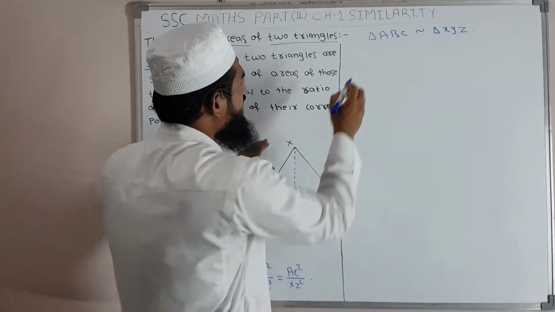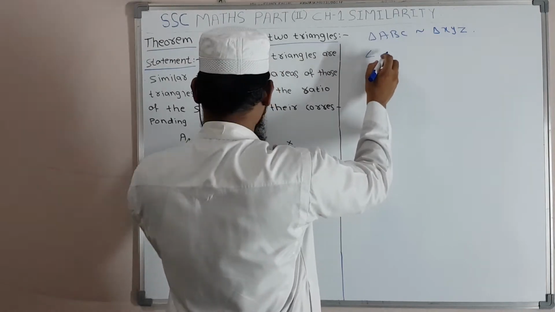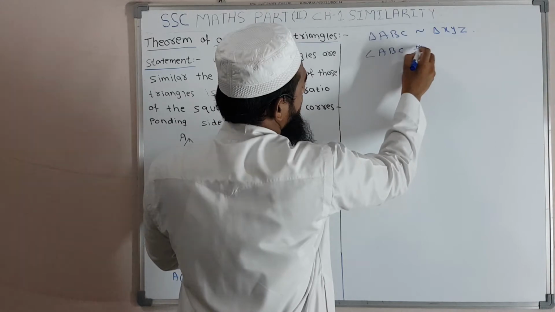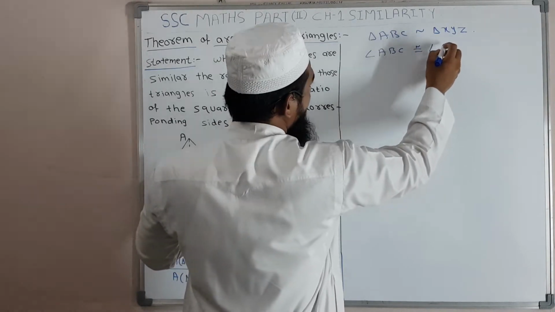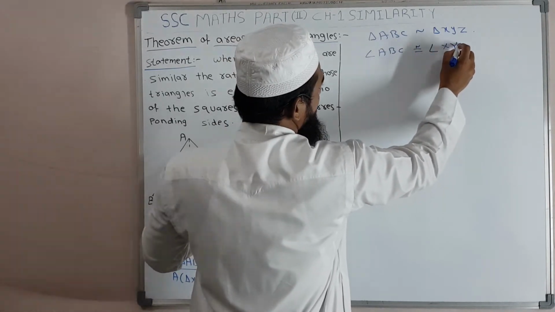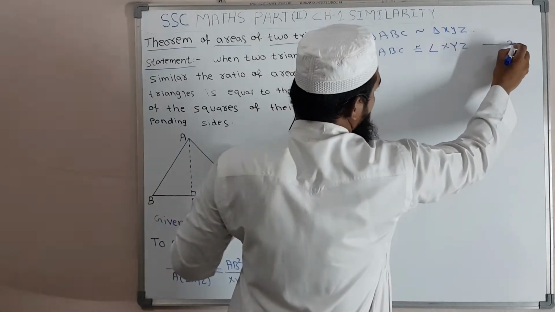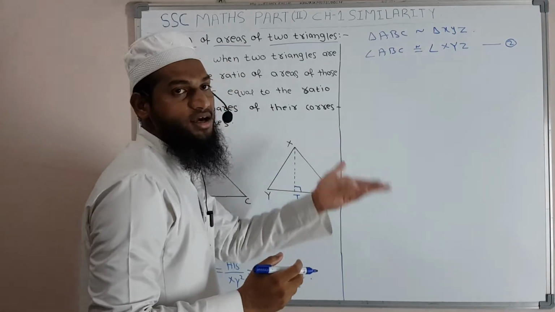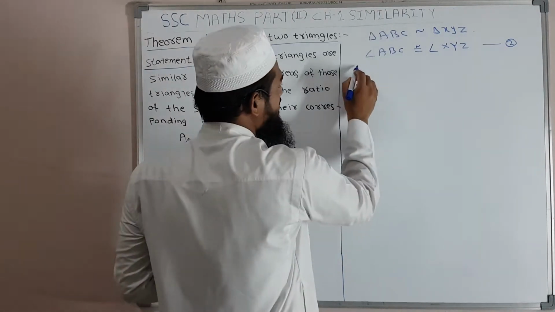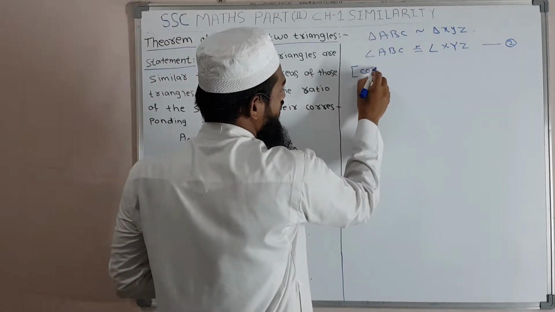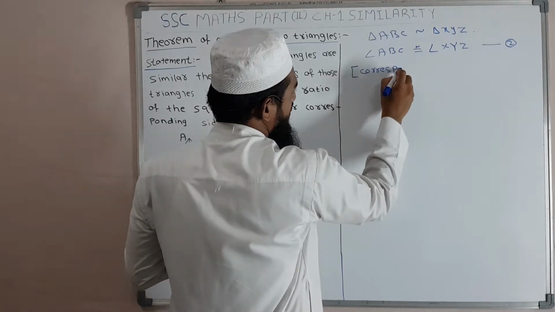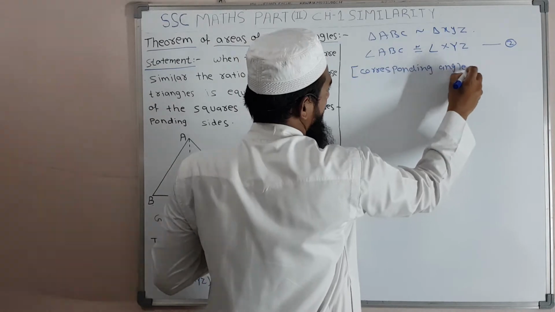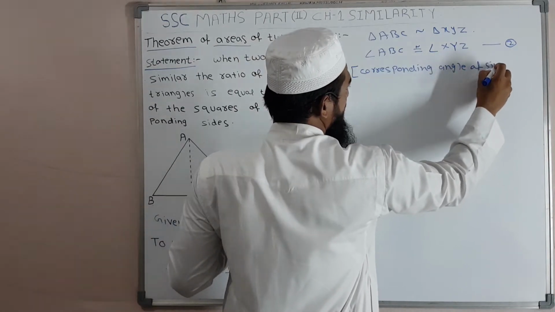So I can write here angle ABC is congruent to angle XYZ, and I am giving it as equation number 2. And what is the reason? Corresponding angles of similar triangles. This is the reason.